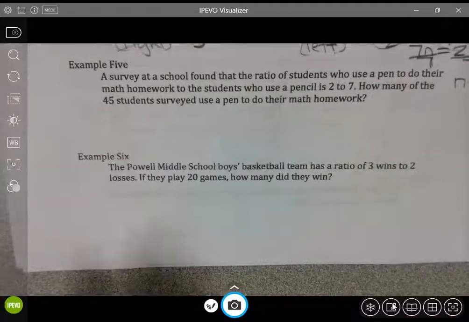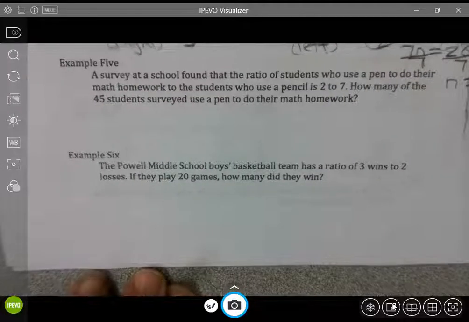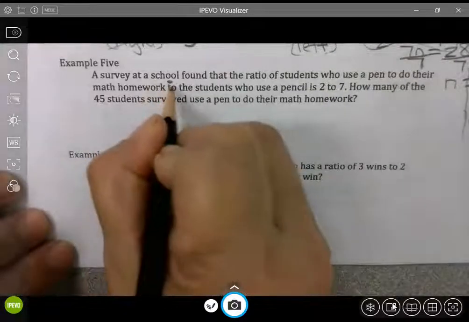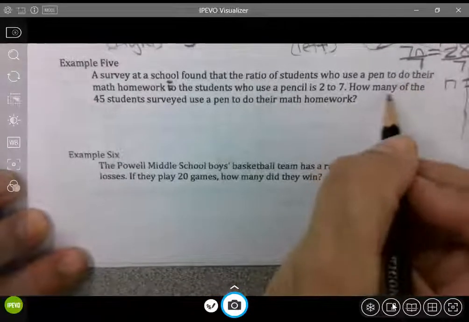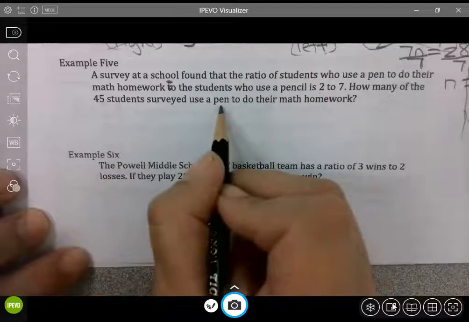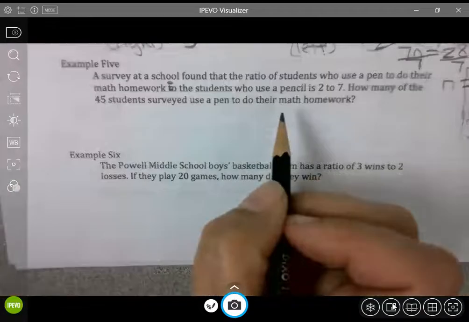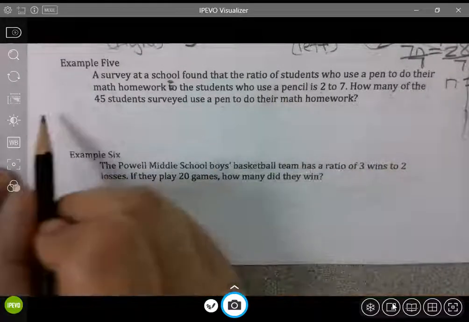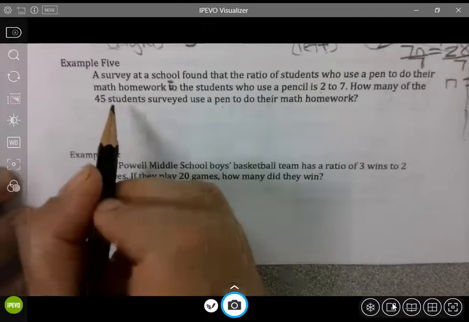A survey at school found the ratio of students who use a pen to do their math homework to, so you'll see that they're comparing, to students who use a pencil is 2 to 7. How many of the 45 students surveyed use a pen to do their math work? Okay, well, all of a sudden it's telling me how many are surveyed. Isn't that giving me a total?